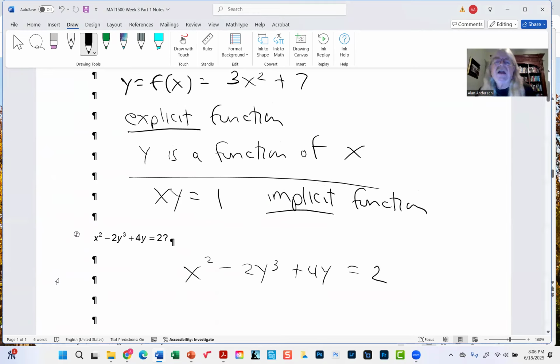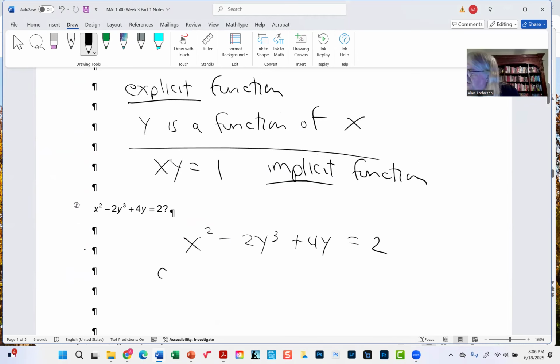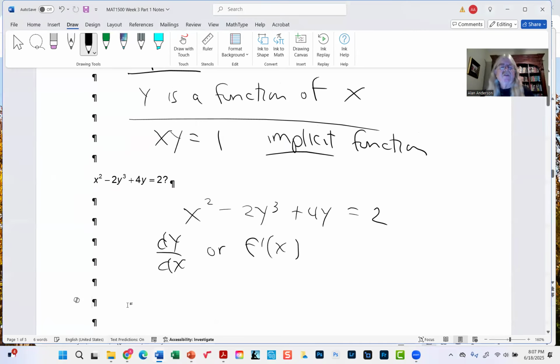Even here, you could actually rearrange it, but it's going to be very difficult because of the high exponents on the y's. You can see it's going to be a bit of a mess. It's probably not worth our while to change it algebraically. If we need to know the derivative dy/dx, or f prime of x, this is a case where it would be quicker and easier to simply use what's called implicit differentiation.